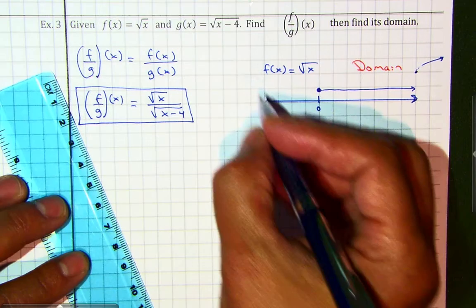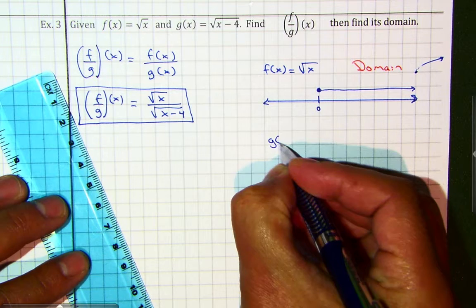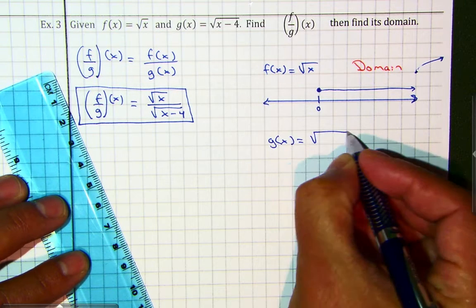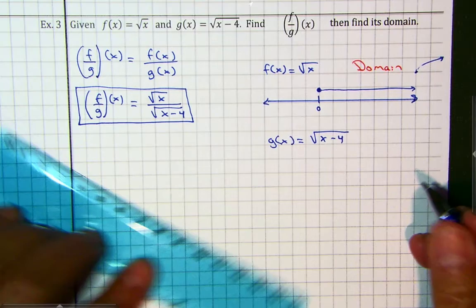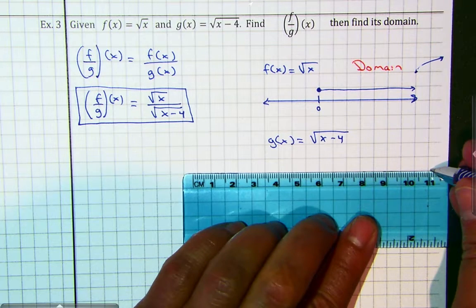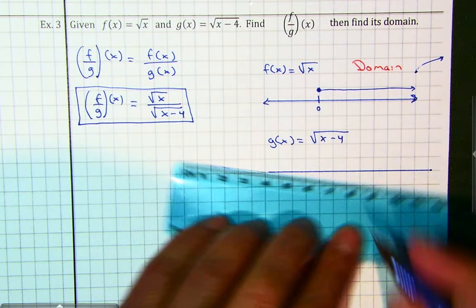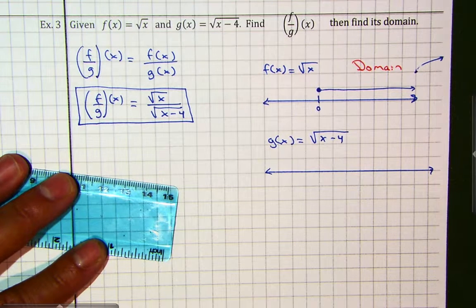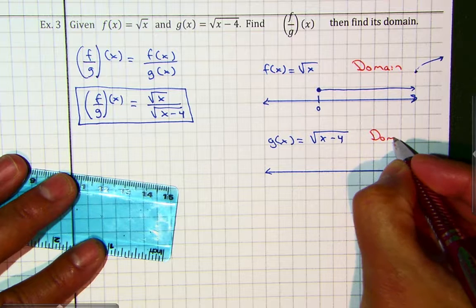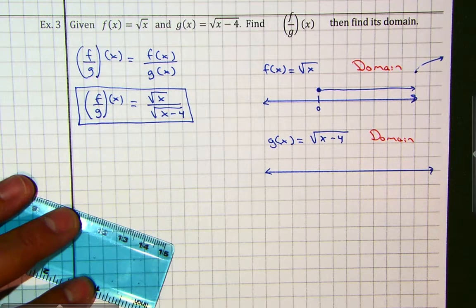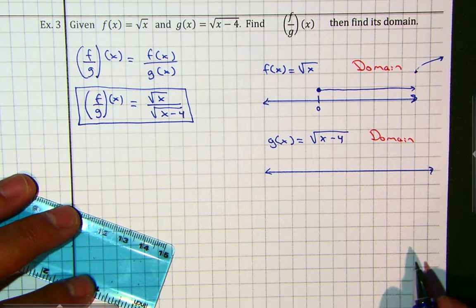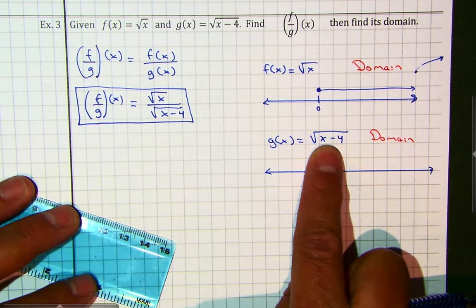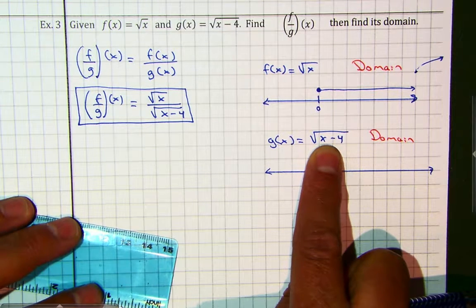Now let's do the same thing for g of x. G of x equals the square root of x minus 4. So the question is, what is the domain for this function? What values can I plug in for x? We know that we have a square root.